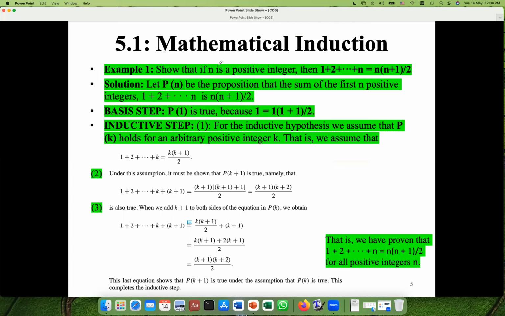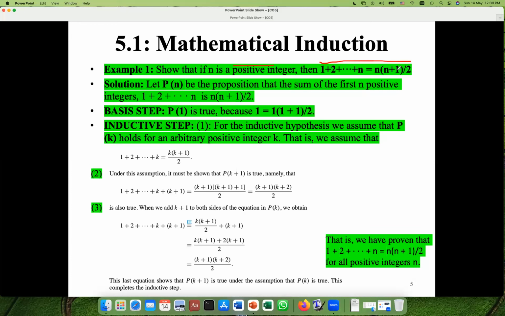The question is: show that if n is a positive integer, then 1 plus 2 plus and so on plus n is equal to n times (n plus 1) divided by 2. The domain is positive integers.